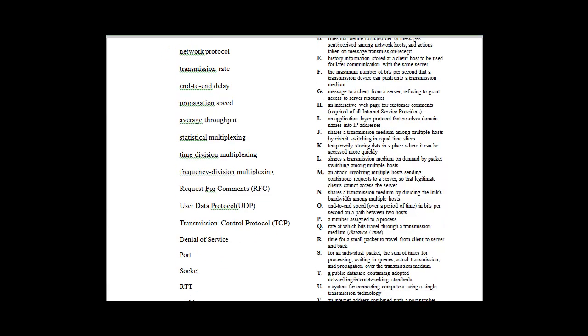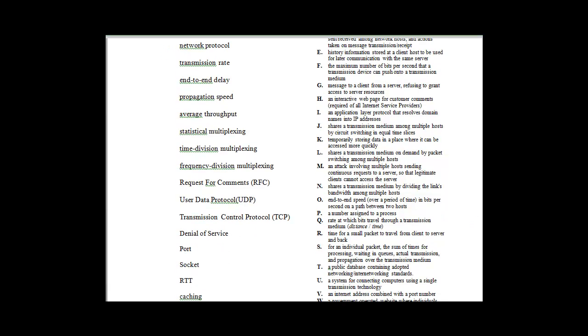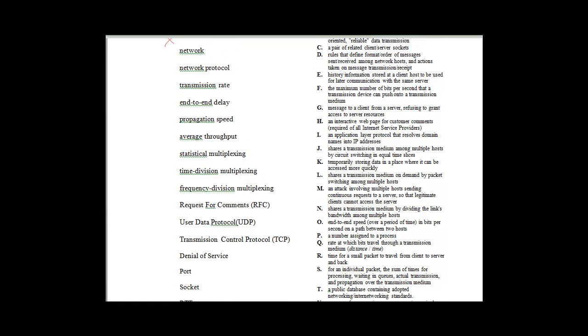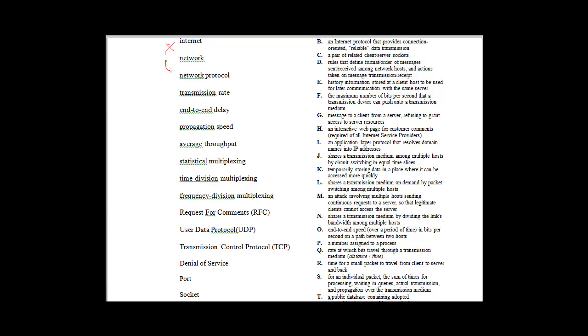Second one we have is network, a system for connecting computers using a single transmission technology. A network protocol is, any network protocol is rules that define the format and order of messages sent and received among network hosts and actions.